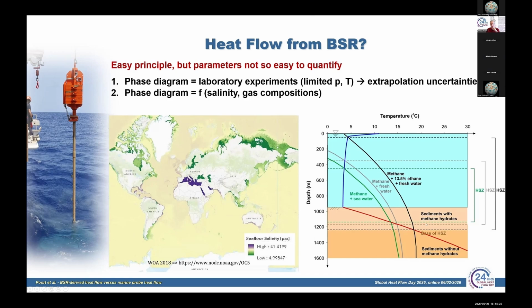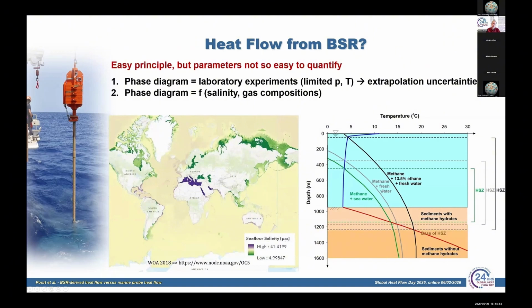So I show here an example of the effect it can have on the phase diagram. You see here the reference one, which is from methane and seawater, so around 34.8 per mille. But if you look in freshwater, like in Lake Baikal, you will have already a shift, which is almost 2 degrees at this depth of this phase diagram.